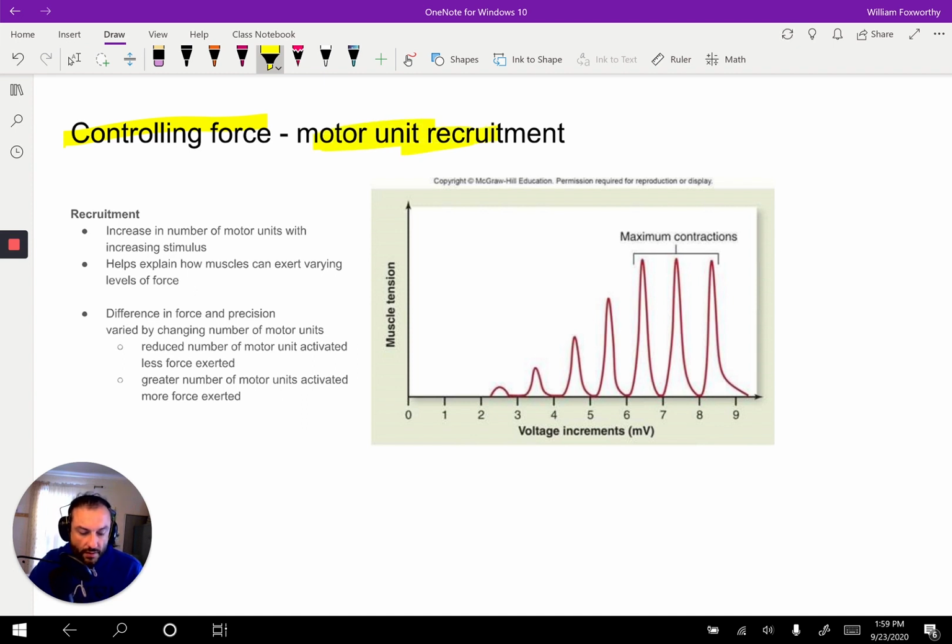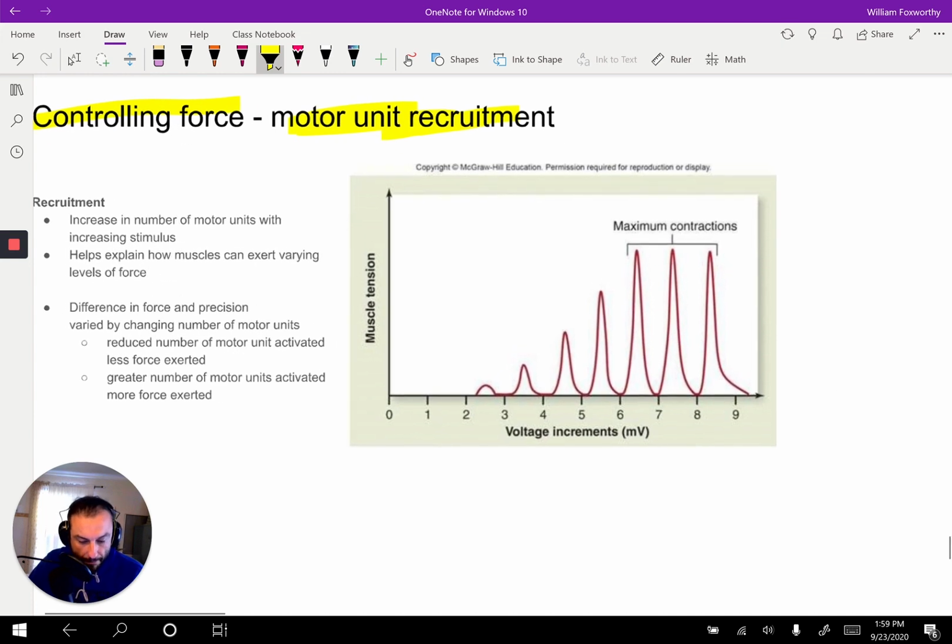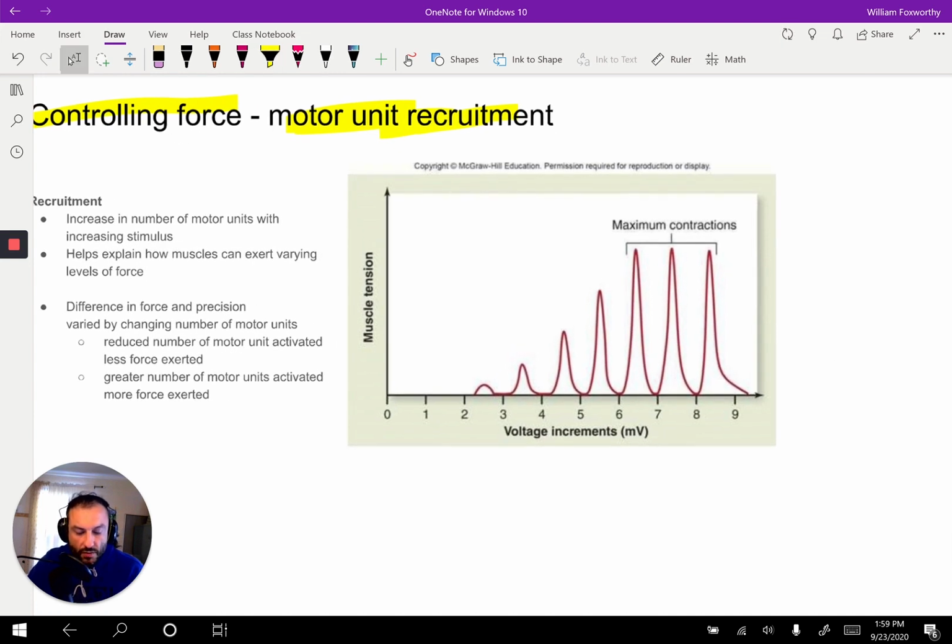And one of the main things you can do is vary the number of motor units that you are using. So if you increase the number of motor units, you're going to increase the force. And at some point you reach the maximal force of a muscle, the maximum number of motor units that can be recruited by a muscle.